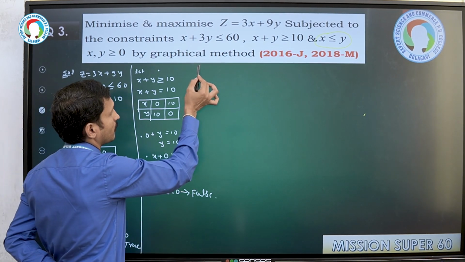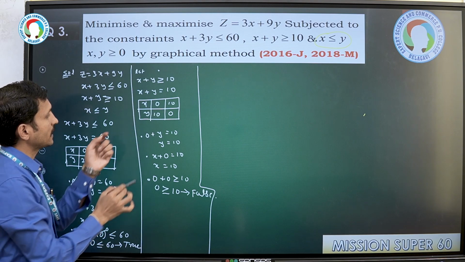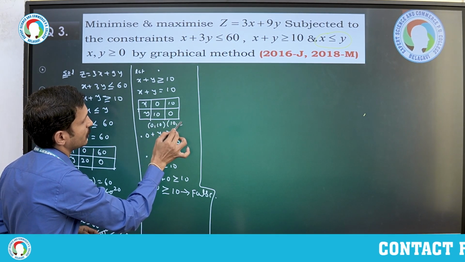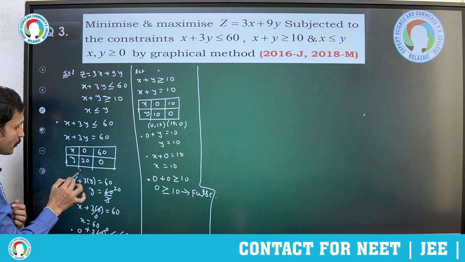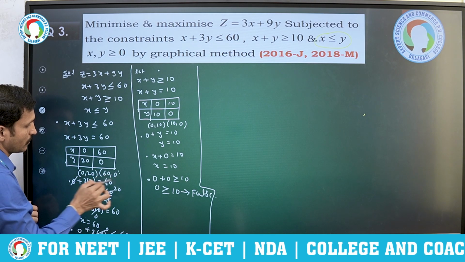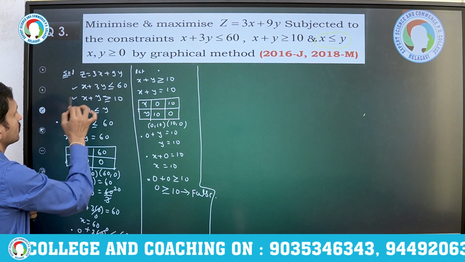When you get false, you write the values 0, 10 and 10, 0. Here you can also write the points 0, 20 and 60, 0. So the first two lines are completed.